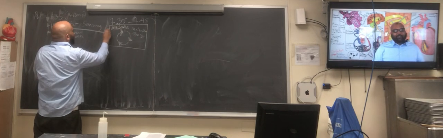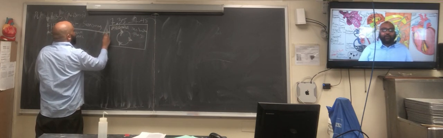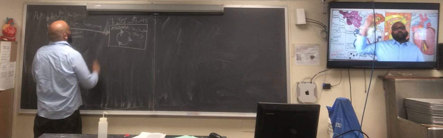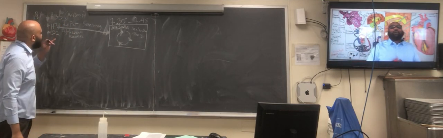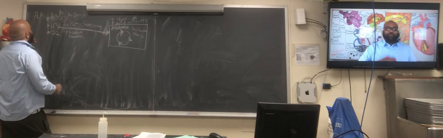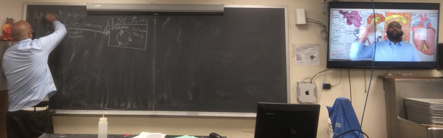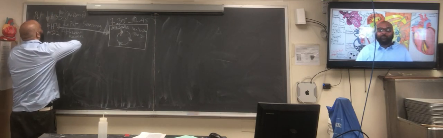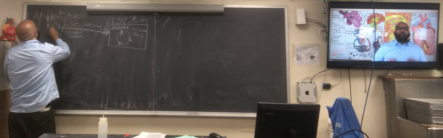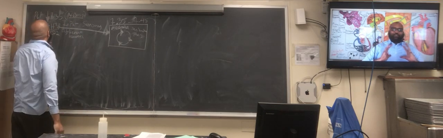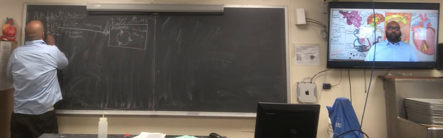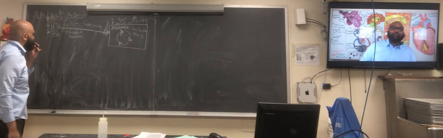The arrow is pointing into my computer center, providing an input signal that says, hey, the pH has dropped below 7.35, and that is acidosis. That means the hydrogen proton concentration has increased, and that means the carbon dioxide concentration has increased.